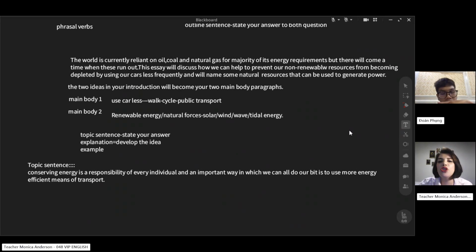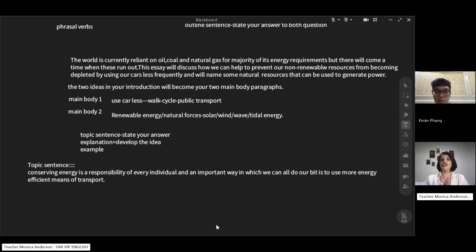As I told you, my bit: when you do your bit, it means you do something, maybe a small thing, maybe limited, but you do. So after that, explain the easiest way to actually do something, then give an example, and that's it.